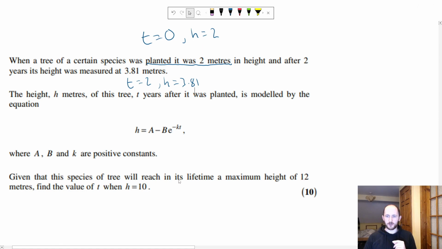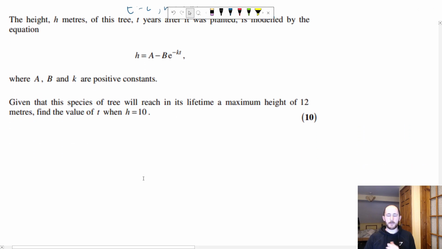Given that this species of tree will reach in its lifetime a maximum height of 12 meters, what does that mean? You might be thinking, how do I know what the lifetime of a tree is? Well, you don't need to know. The maximum height of the tree is actually just going to be a.